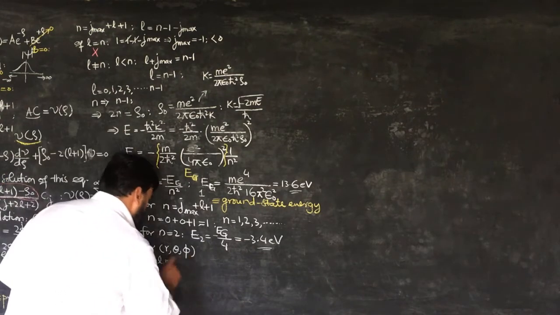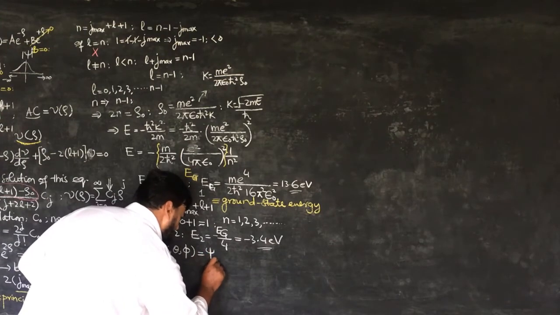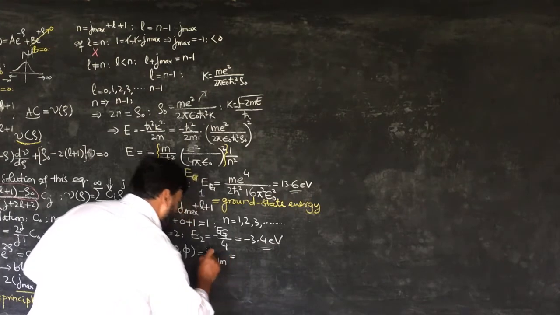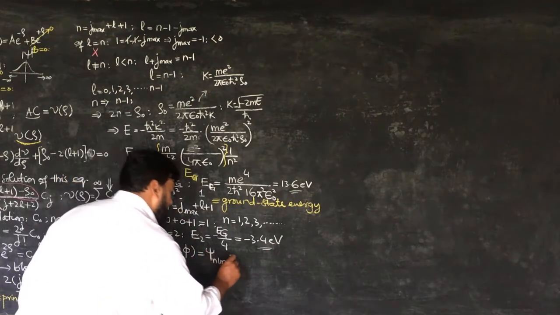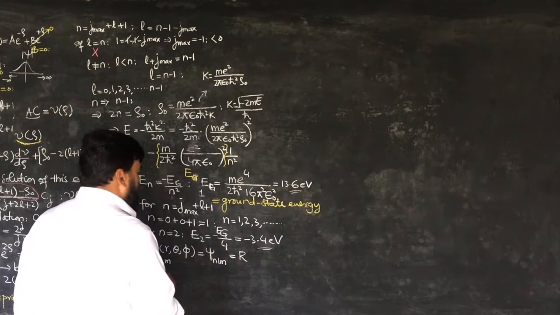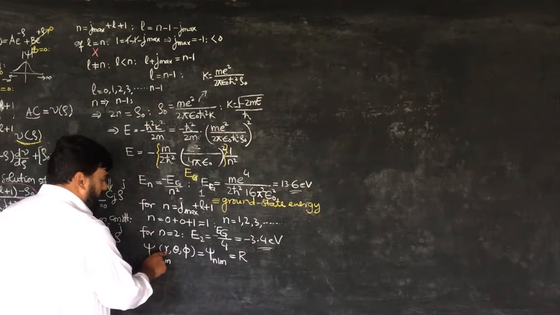Even if I skip the commas between them, it's right. Psi n l m is equal to the wave function which was only r dependent, meaning in r, theta, phi it was only r dependent.